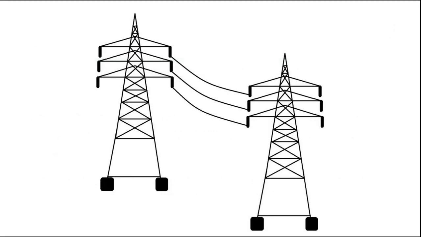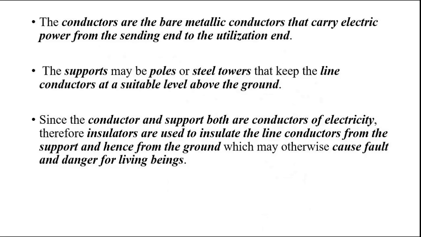So this is the basic overhead system, and the conductors that are used carry electric power from the sending end, from one end to the other. They are generally at a suitable fixed, safe level above the ground.